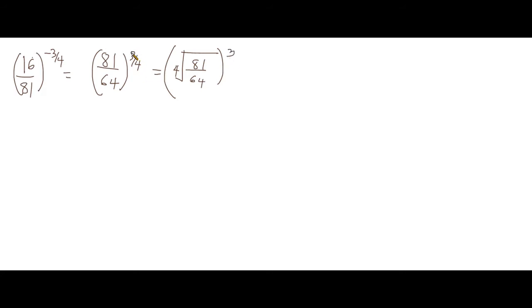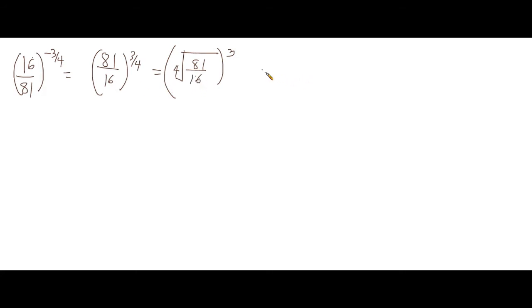The numerator always stays up, the denominator goes down to become the power on top. Sorry, this should have been 16, not 64. So we have 16 and we have 16 here.